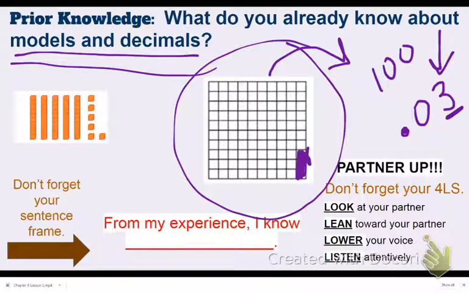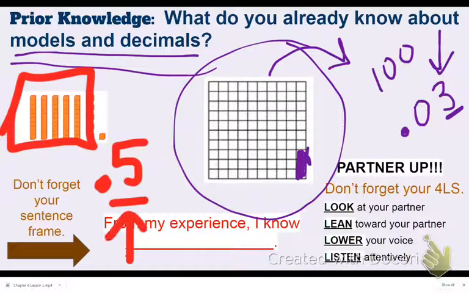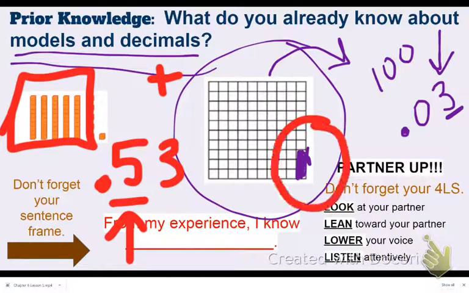When we look at tenths, we're going to be looking at the rods. Right there we have 5 tenths. 10, 20, 30, 40, 50. So when you look at it as a decimal, the 5 is in the tenths place. Or you can think of it as 5 dimes. If we were to add these two values, you would have 53 cents, or 5 dimes and 3 pennies, 3 out of 100.